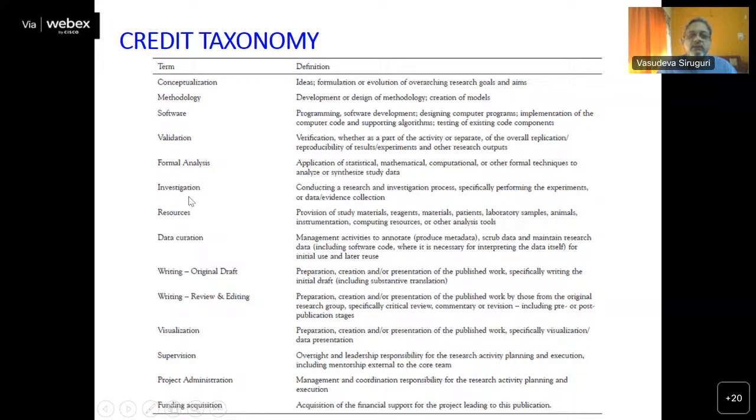Investigation means conducting the research and investigation process, specifically performing the experiments connected with that manuscript, data collection, evidence collection, etc. If one particular author has done this, against his name it will be written investigation. That means he has performed this kind of activity in that manuscript. Writing means preparation and creation of the presentation of published work, specifically writing the initial draft, and the translations, etc. So this is what is called a CRediT taxonomy.